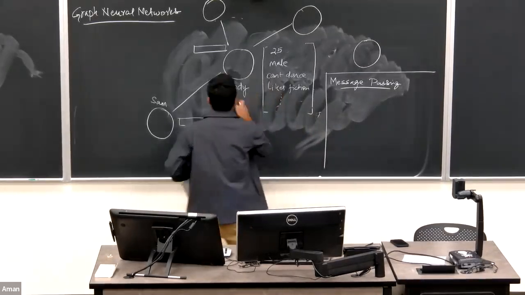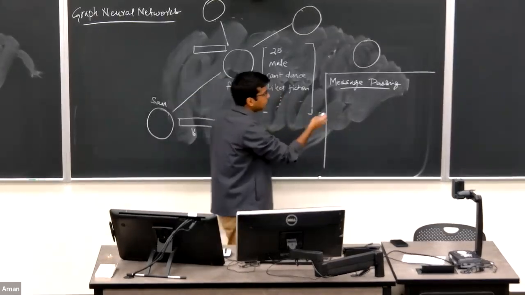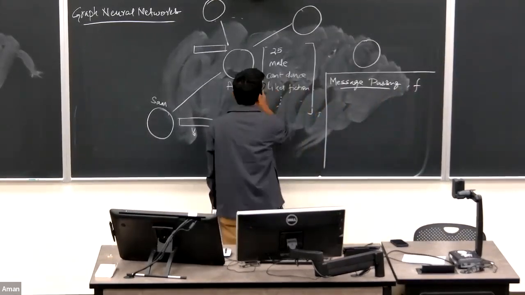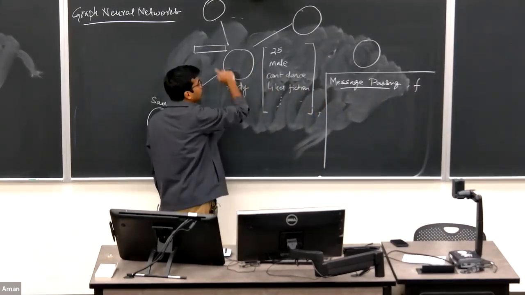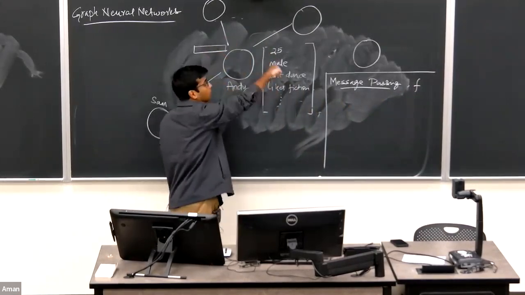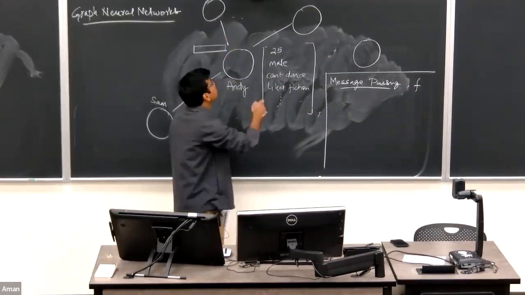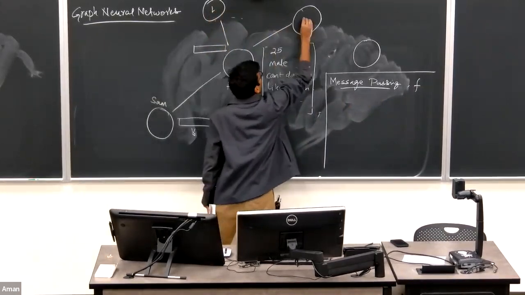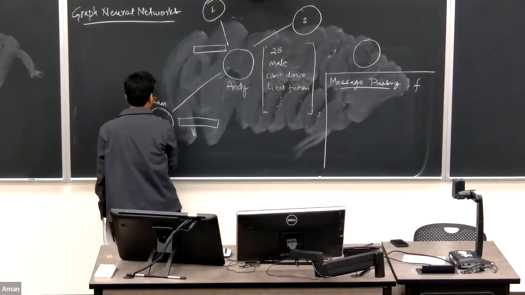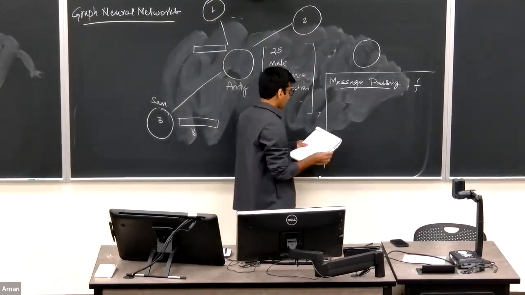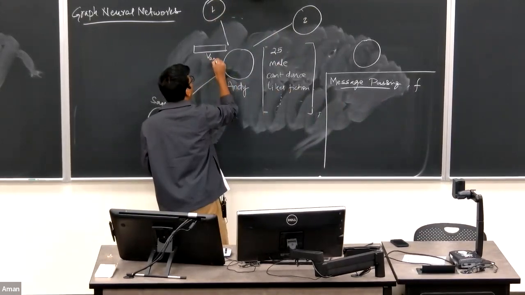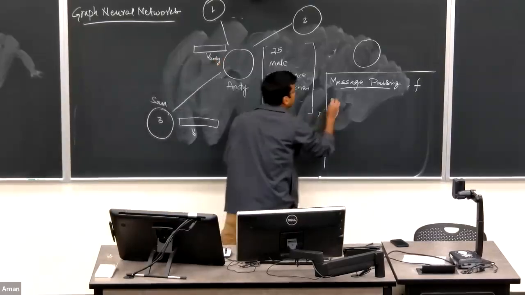Imagine this message passing is done through a function f. What you're trying to do is update the node Andy by taking into account all of its neighbors. So let's say these are its neighbors: node 1, node 2, and node 3. Let's say v Andy is this.